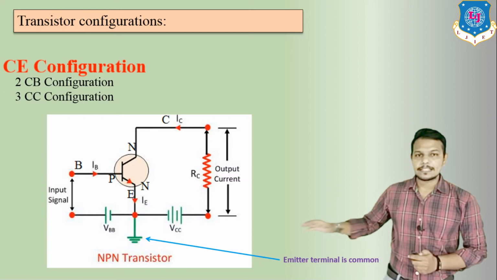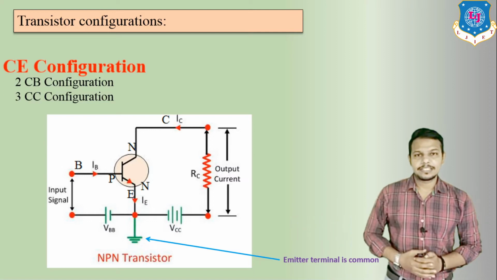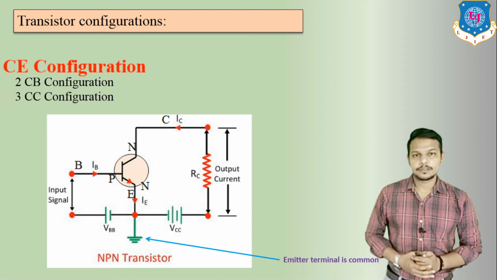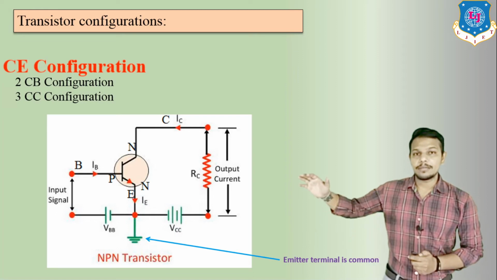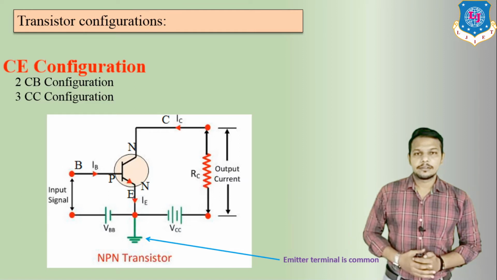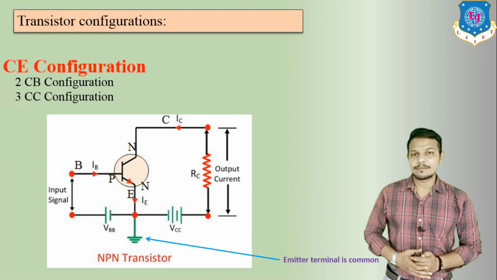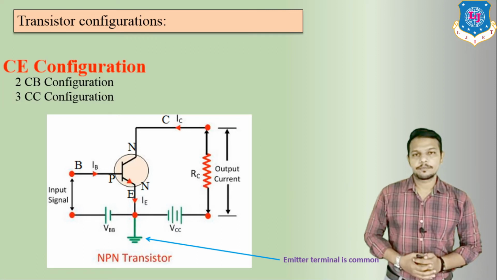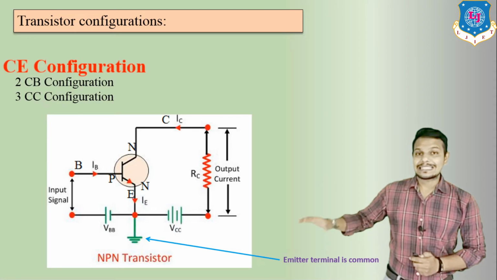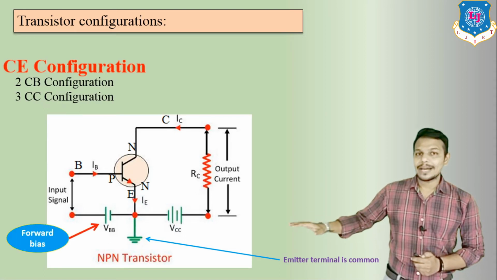Now here we can see VBB. This is your input voltage, or we can say VBE, the potential difference between base and emitter. That is your input voltage, and it is forward biased.